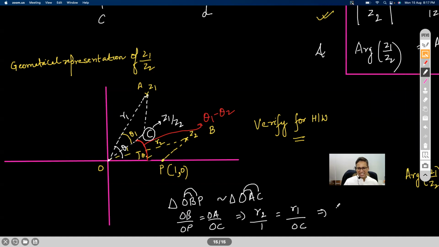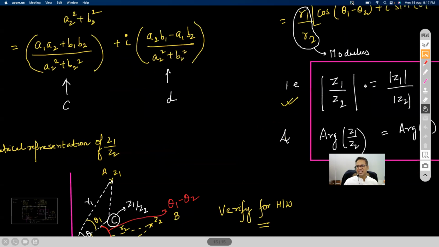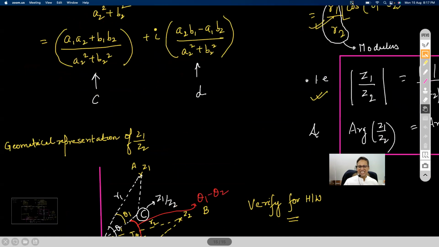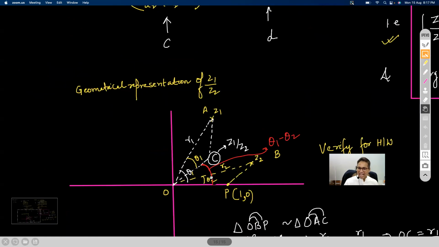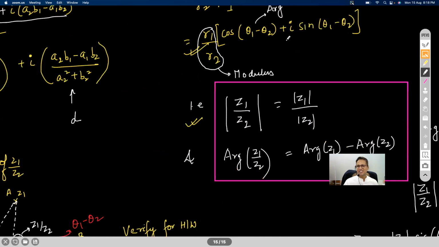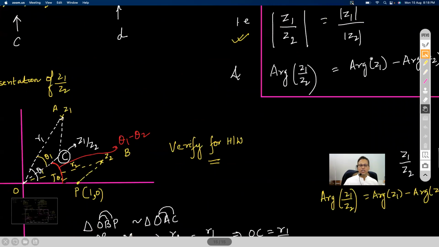So from here, can I say OC becomes R1 by R2? That is what we had got over here also. R1 by R2, and this is the distance. And the argument is theta1 minus theta2, which is what we got here. Got it? So this is how geometrically you can locate your R1 by R2.